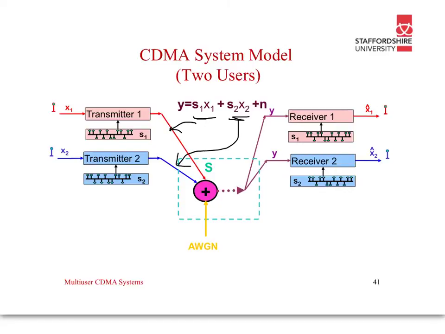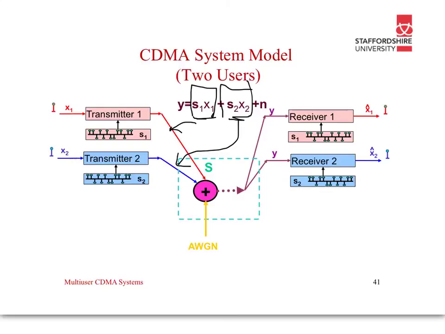We're adding them together, and then we're adding the noise. So Y is now composed of user 1 and user 2 data plus noise. And then at the receiver, if we multiply Y by the respective code, then we should be able to recover the data.